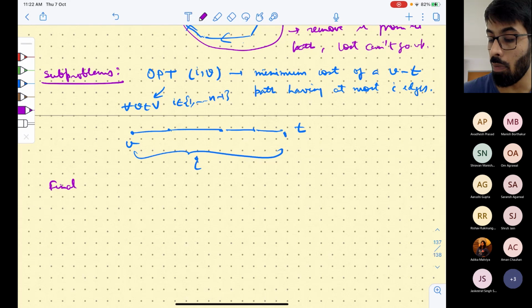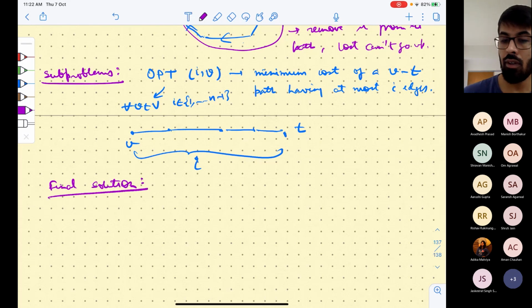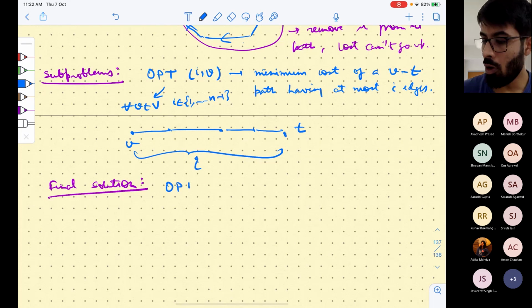in terms of these subproblems? What is the optimum cost? So opt of n minus 1 comma s. Why?